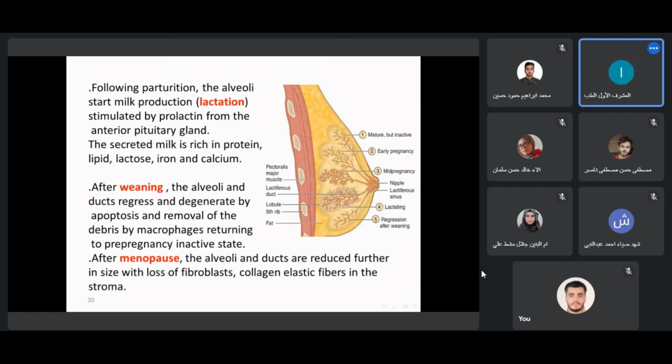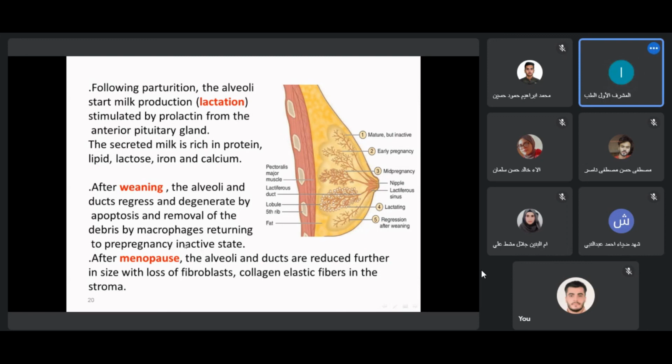After weaning, the alveoli and ducts will regress. Regression here is a degenerative process, apoptosis, to eliminate the unneeded cells, and the products of breakdown are removed by the phagocytic cells, the macrophages. The breast will return to the inactive, pre-pregnancy state.